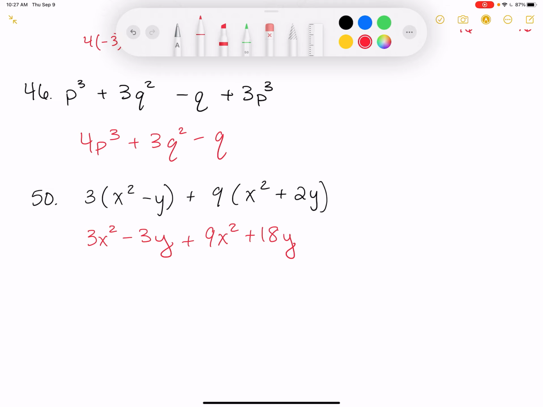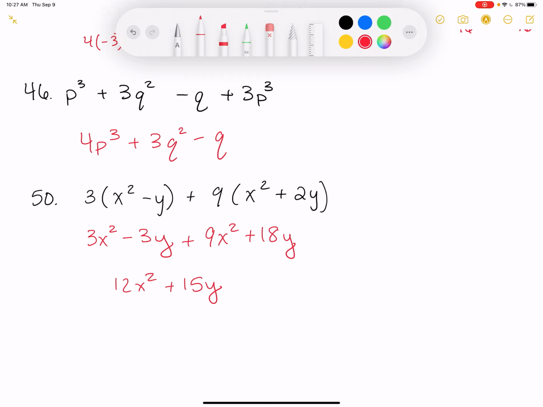12 x squared minus 15. Okay, and it doesn't really matter if you chose to put the y's before the x's. It really doesn't matter. Typically, we want them in alphabetical order. It just makes it look nicer. It makes it easier for going over answers, checking.